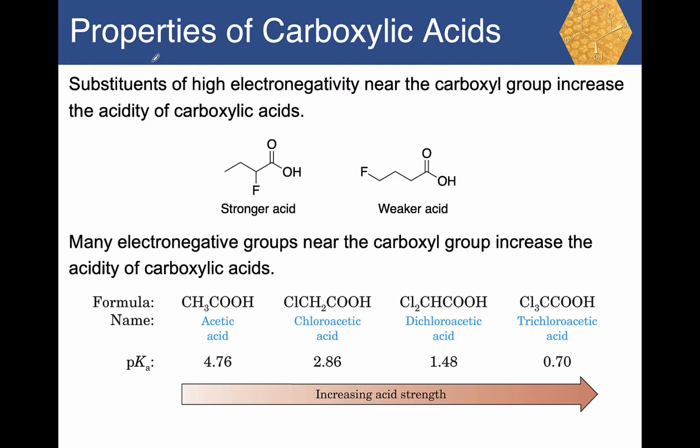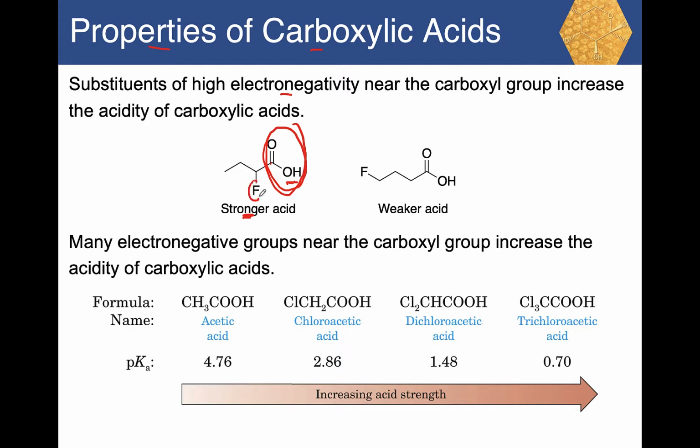Let's look now at the properties of carboxylic acid. So here is the carboxylic acid, and just remember that this end is the carboxylic acid end. All of this right here is the carboxylic acid. So what's stated here is that if there is an electronegative atom close to this group, the acid is strong.